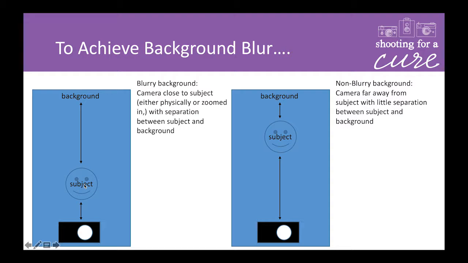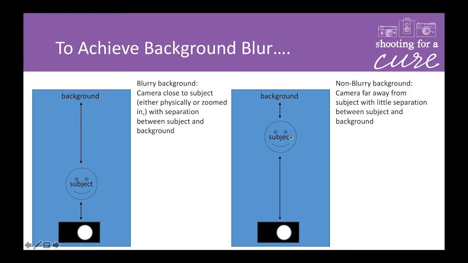Well, the second component is you have to move your subject away from the background to achieve this result. So you need to be fairly close to the subject, either physically, or you can back up but zoom in with your lens. So you're either close to your subject physically or by your lens, and then your subject is far away from your background. If you have these two things happening, you will get a blurry background at a low aperture.